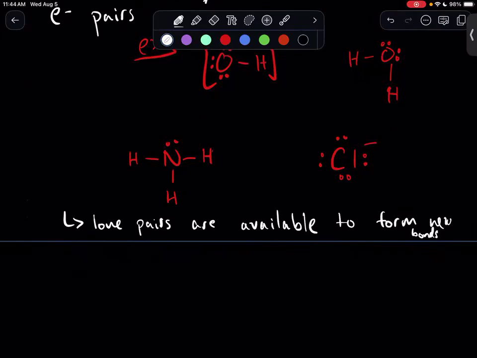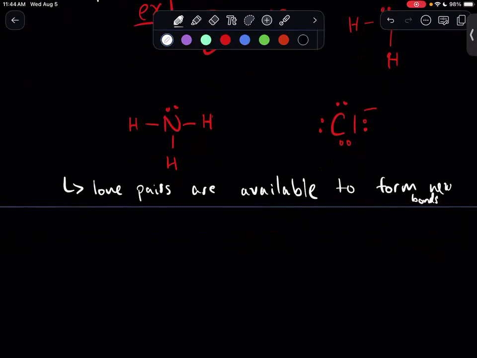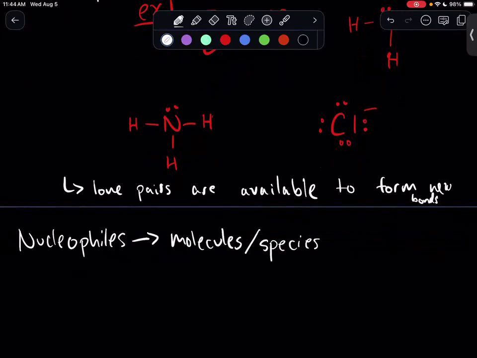Well, first, let's introduce the main definition of this entire section, which is nucleophiles. So what are these? Well, nucleophiles are molecules or species that have lone pairs of electrons. Furthermore, they are what we call electron rich.